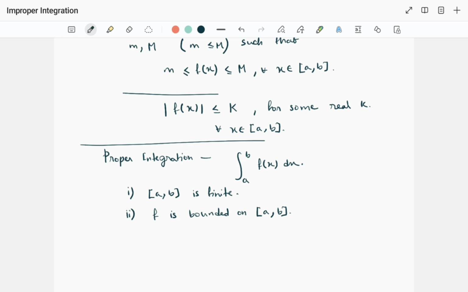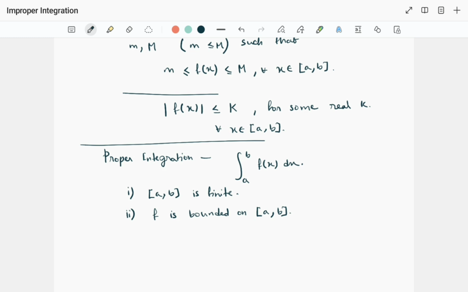What about improper integration? In proper integration there are two properties. First, the limits of the integration should be finite, and second, the function should be bounded. So what if the limit of the integration is not finite or the function is not bounded?